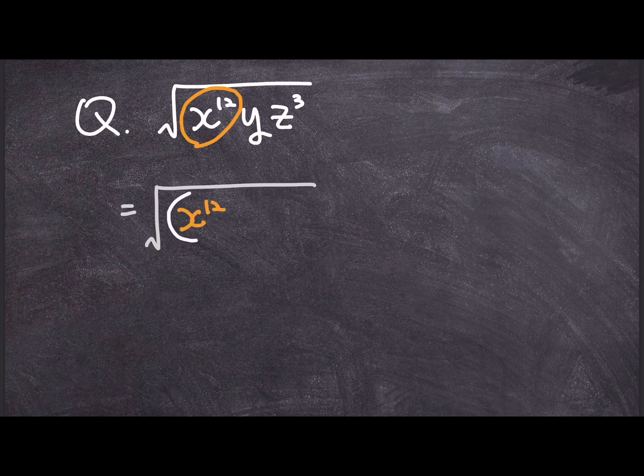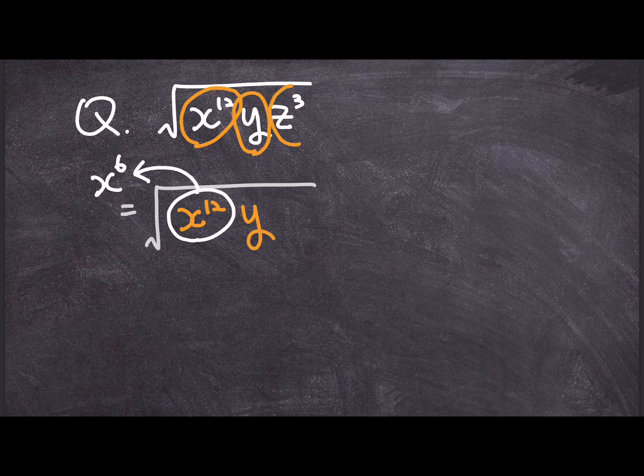It gets to escape as x to the power of 6, because 6 is 12 divided by 2. All right, and this expression, y, because its exponent is 1, it cannot escape. It should stay underneath the radical, so I'm just going to go ahead and write y.